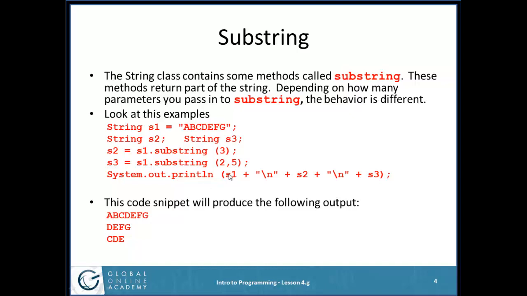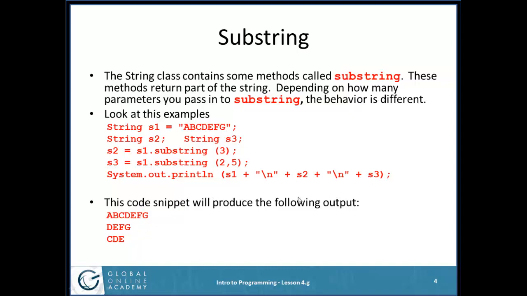ABCDEFG, that's S1, all 7 characters. S2 prints out DEFG. I said make it the substring where I pass in a 3. Position 0, position 1, position 2, here's position 3. It takes from position 3 to the end of the string, so I get DEFG.